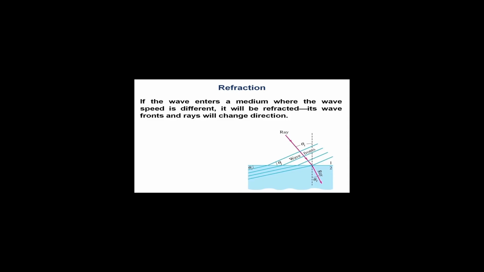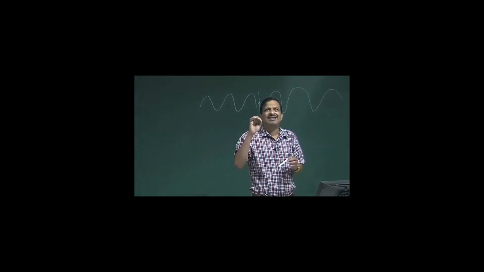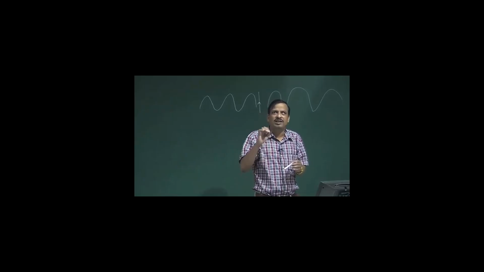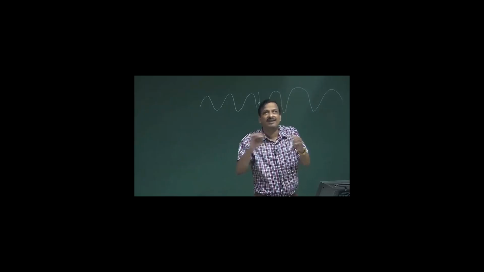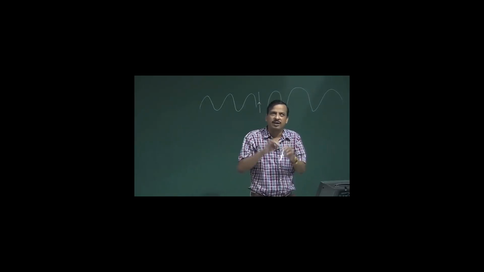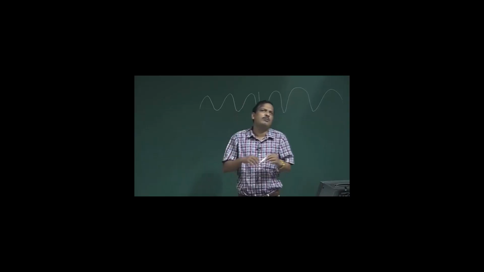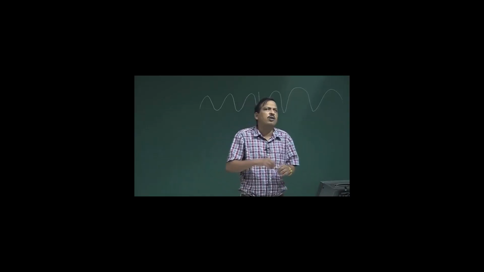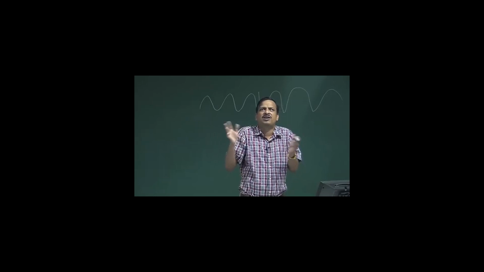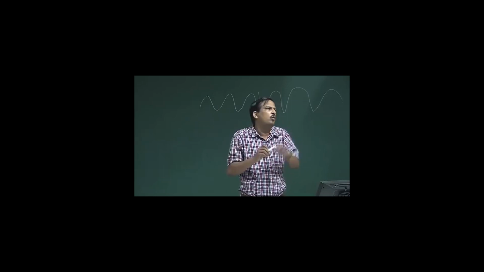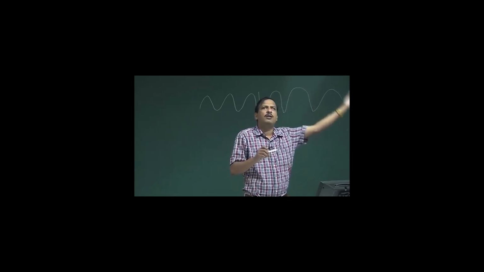These two phenomena will be analyzed in detail in this lecture. We will discuss the mathematics of transmission and reflection so that we can calculate the intensity. As a practical example, suppose I want to produce a sound of 60 dB in this room, and I do not want that sound to go outside the room.